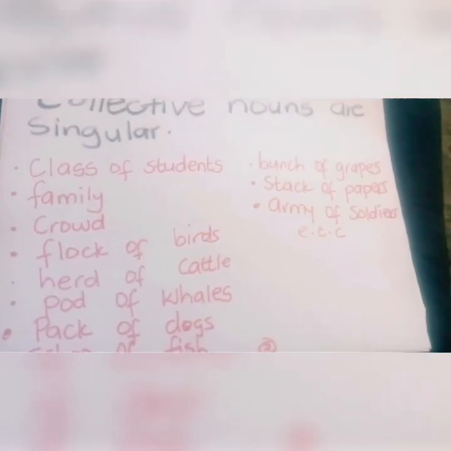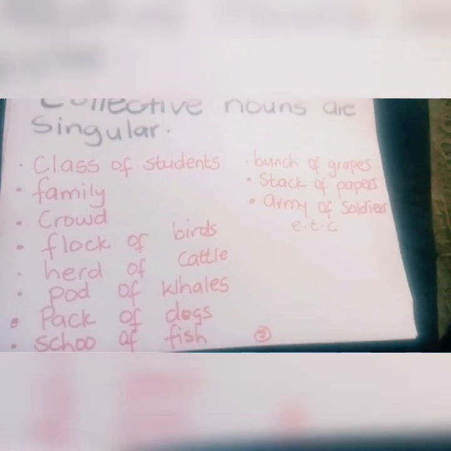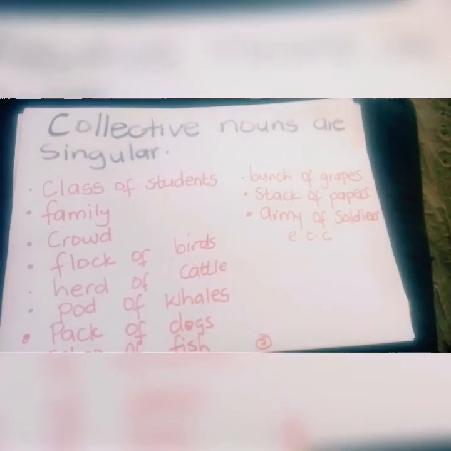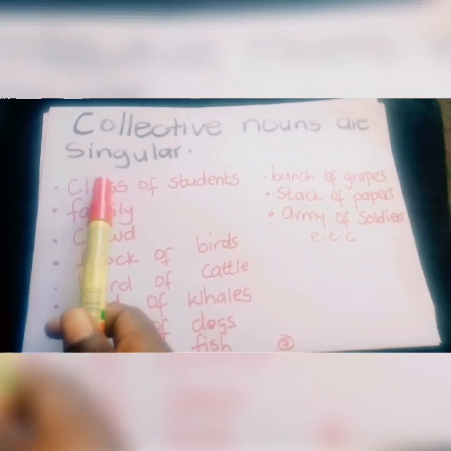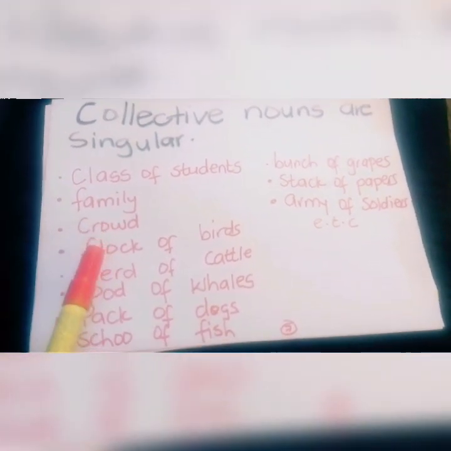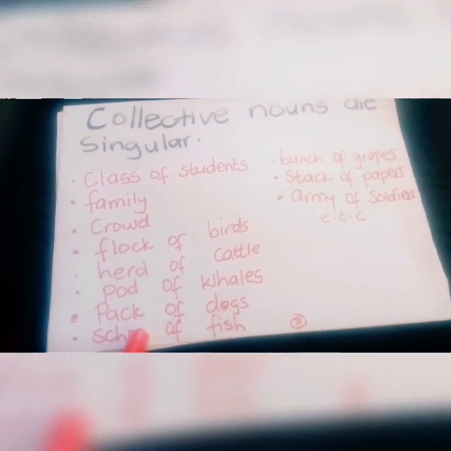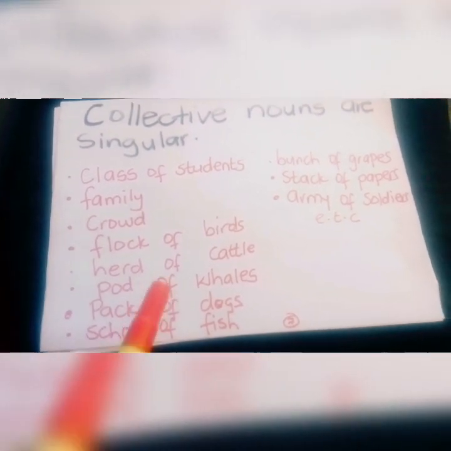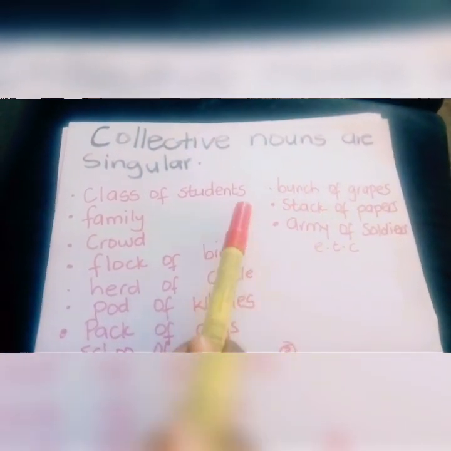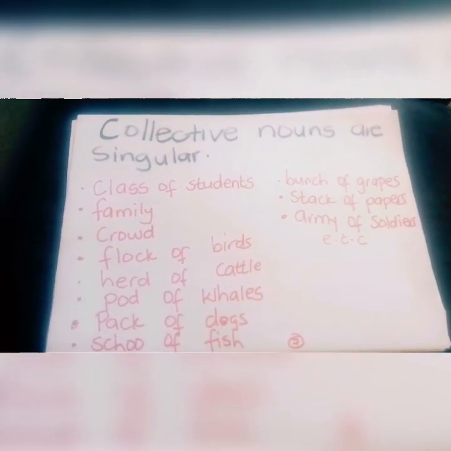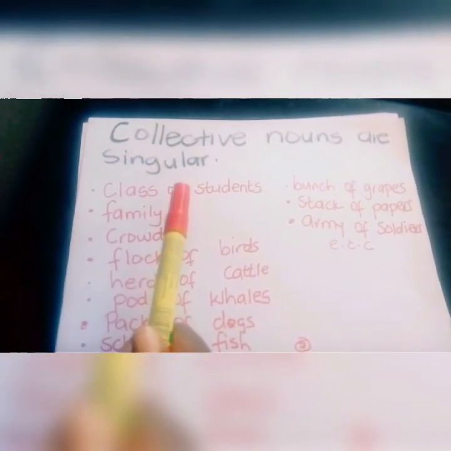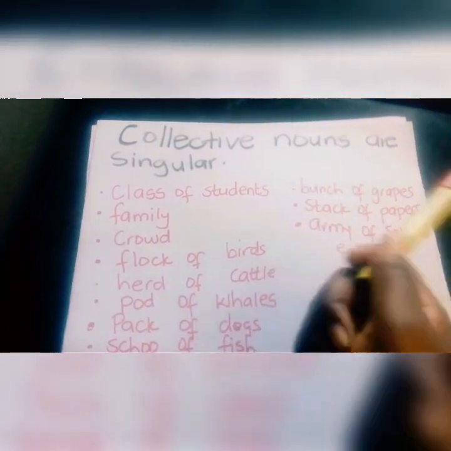A reminder that collective nouns are always singular. Collective nouns, we are talking about words like class, family, crowd, flock, herd, pack, school, bunch, stack, and army, and many others. The class of students is whatever is happening.